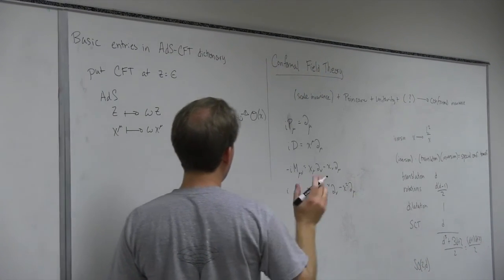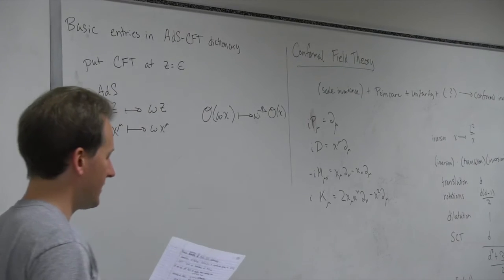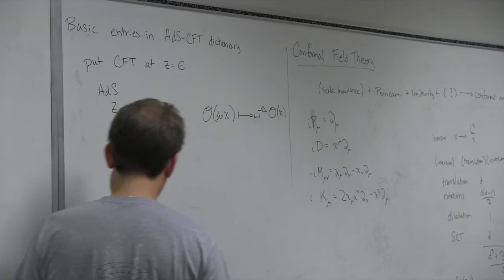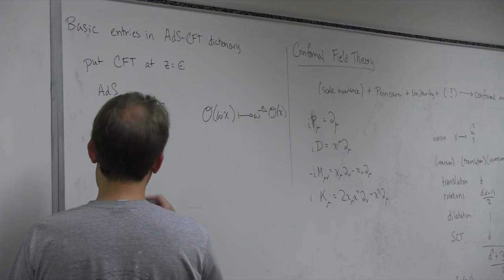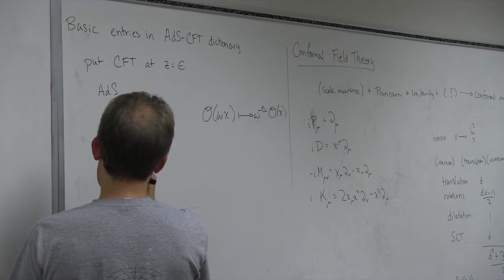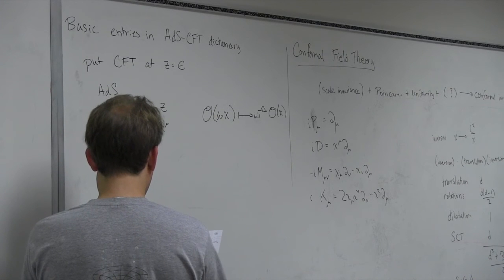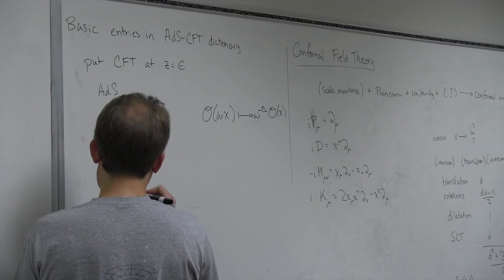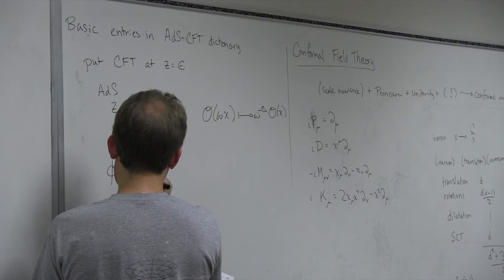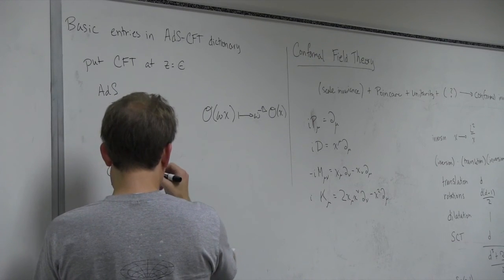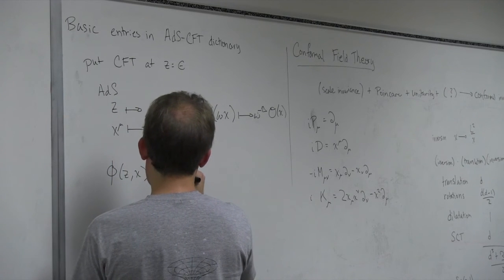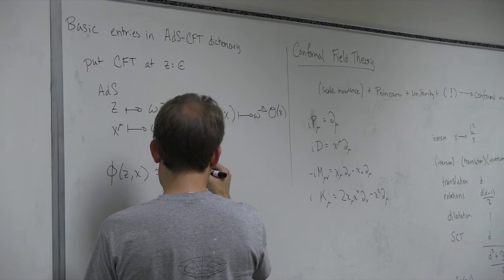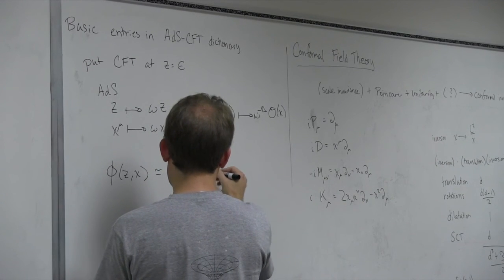If I remember, we just looked at the asymptotic behavior of a scalar field in AdS, and we found that the solutions behave like powers of z. So suppose you have some field phi in AdS. Then near the boundary, it was like z to the alpha times some function, which I'll call phi naught of x.